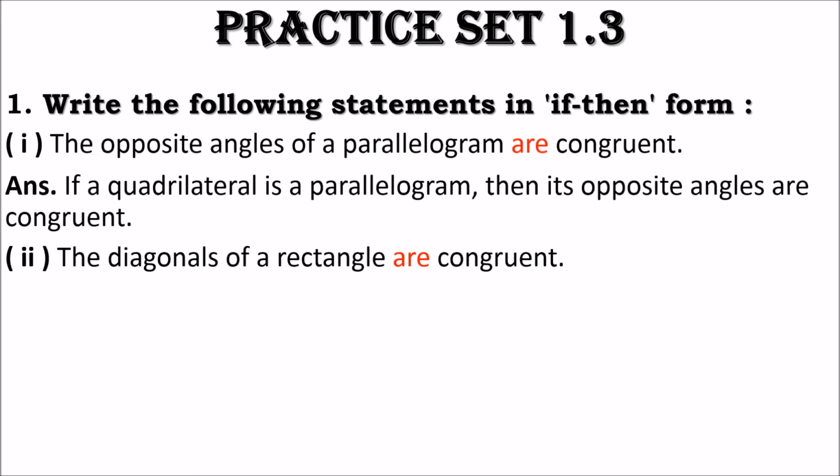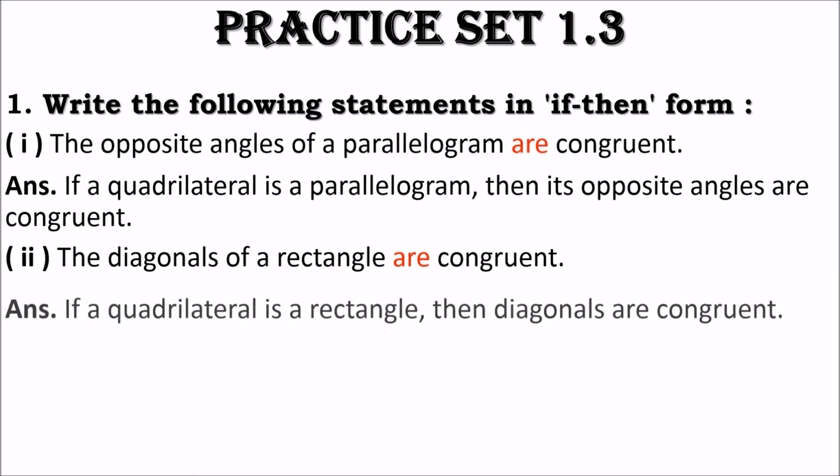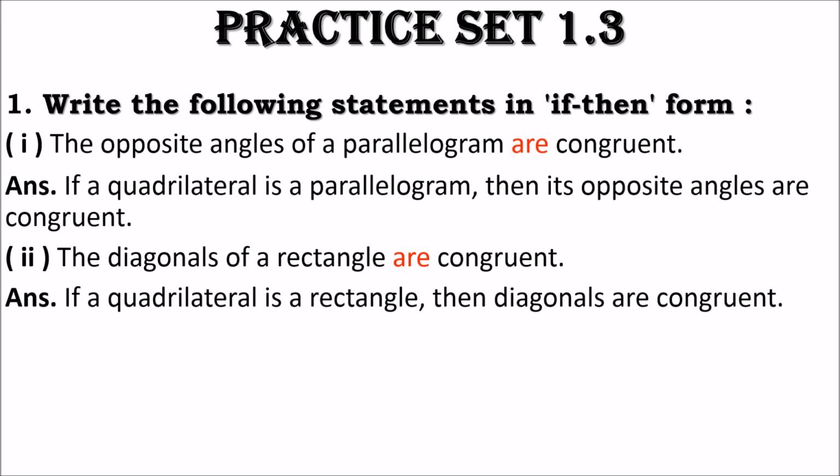Diagonals are congruent. So the diagonals are congruent will be the consequent, that we will write after the word then. So what is left other than this? Rectangle. That is the antecedent. That will come after the word if. So if a quadrilateral is a rectangle, then the diagonals are congruent.